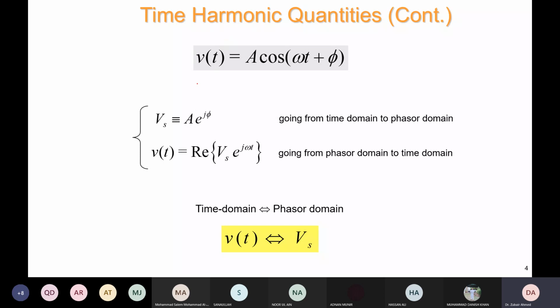So here is the summary. If we have an instantaneous time domain signal v of t equal to A cosine of omega t plus phi, and we want to convert it from the time domain to the phasor domain, which is also called the frequency domain, then we can take the magnitude and phase of the instantaneous signal and represent it as a complex number, which is also called the phasor.